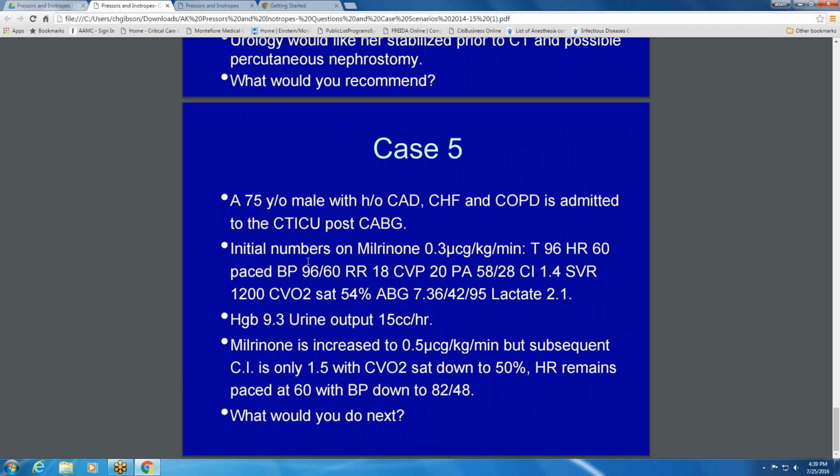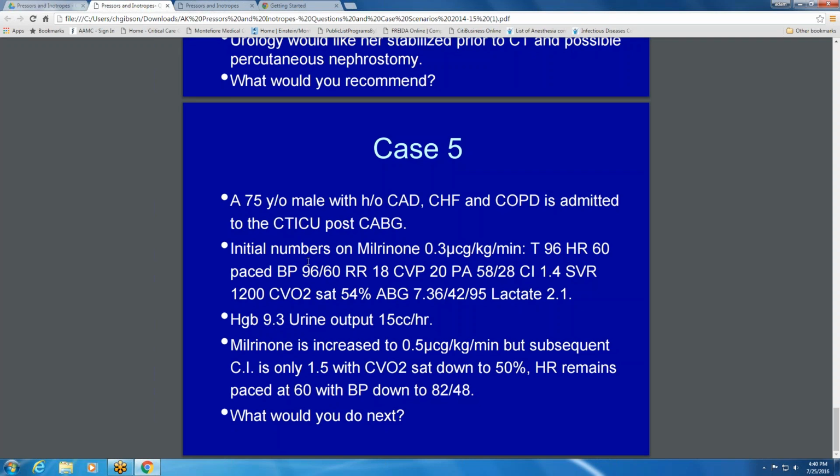Okay, case 5. I don't remember this. 75-year-old male, coronary disease, heart failure, COPD, admitted to the CTICU post-CABG, on milrinone 0.3 mcg/kg/min.